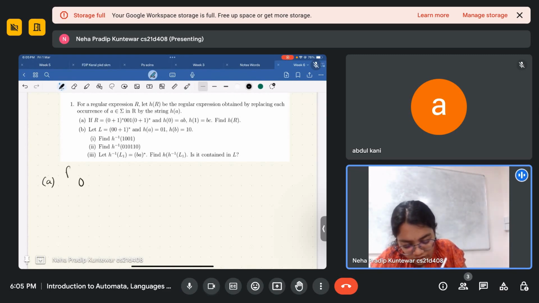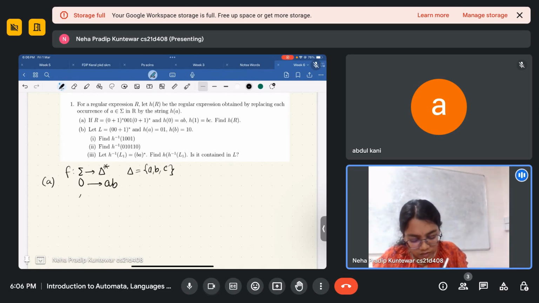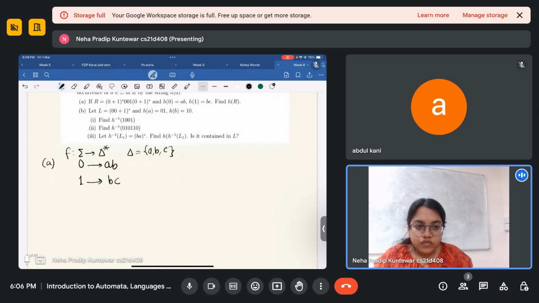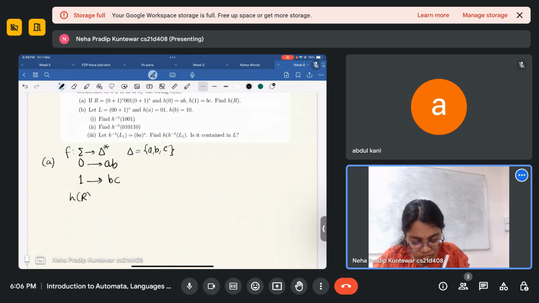Like we mentioned, it is a function from sigma to delta star. In this case, delta is A, B, C for us. It takes 0 and maps it to AB, and takes 1 and maps it to BC. What we want to do is find H of R.